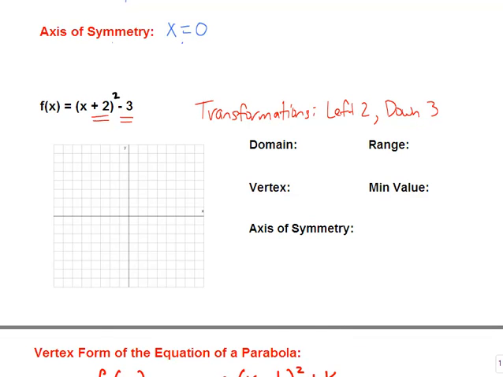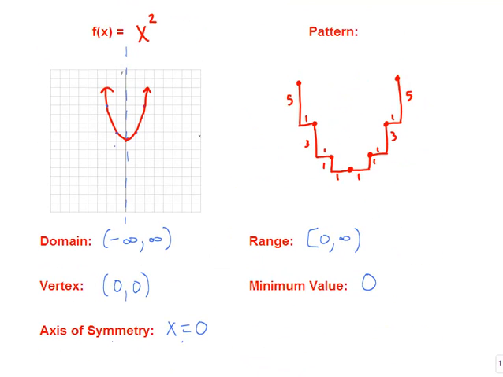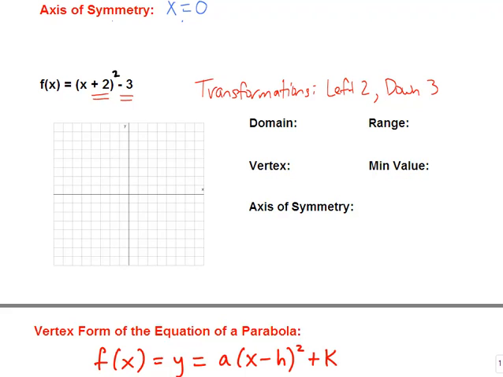Now if you remember that pattern that we talked about earlier, it's really quite easy to get the graph of a quadratic if you know the pattern and you know what shifts are happening. So the first thing you want to do is identify where your new vertex is going to be. Normally, x squared would start at the origin and we'd go over 1, up 1, over 1, up 1, and then over 1, up 3, over 1, up 3.